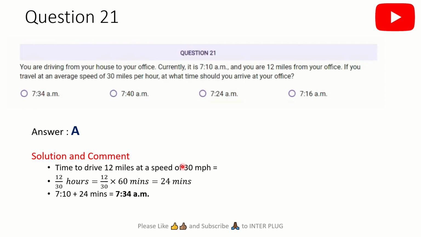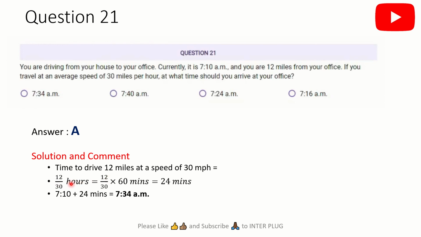If in 1 hour I do 30 miles, how long is it going to take me to do 12 miles? If you apply the same mindset, you divide the number of miles you need to cover by the number of miles you cover per hour. So that gives you 12 over 30 hours.